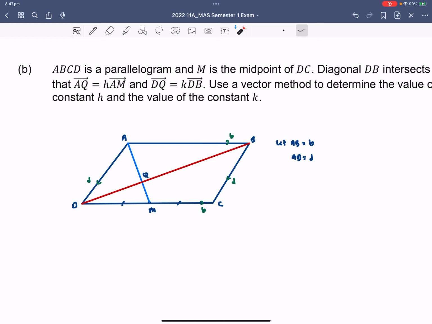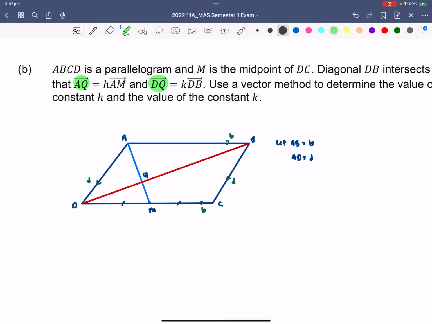Now, notice what I'm going to do. I've got an expression for AQ, somewhat of an expression for AQ. And then they have DQ. You'll notice that AQ and DQ obviously have Q in common. So look what I'm about to write down next.